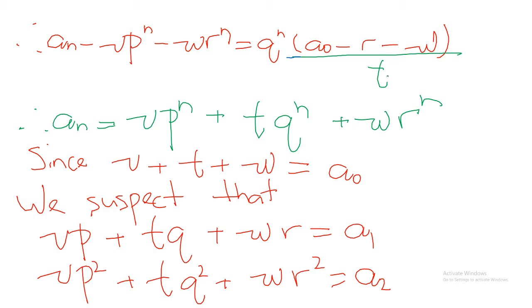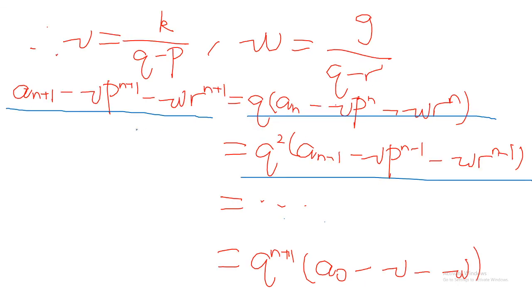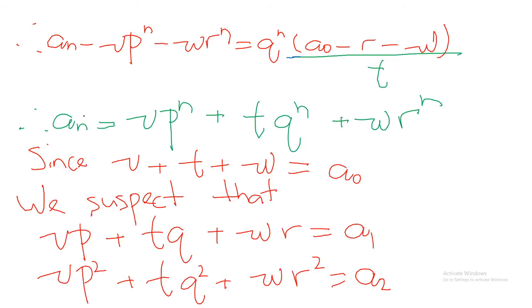So we now let this be t. And we replace n plus 1 with n. So this is the formula. An is v times p to the n's power plus t times q to the n's power plus w times r to the n's power. And v, t, w are constants, and you can easily calculate them.